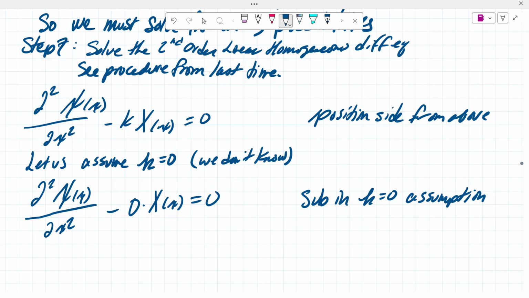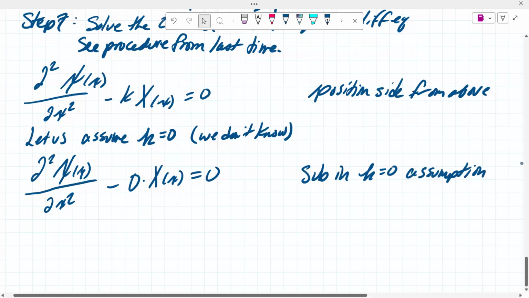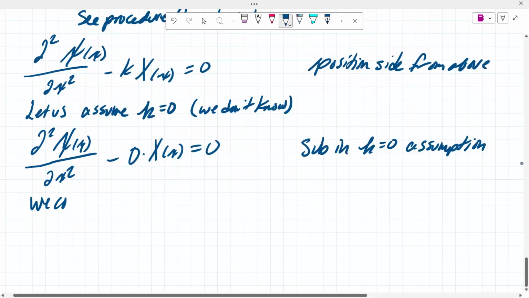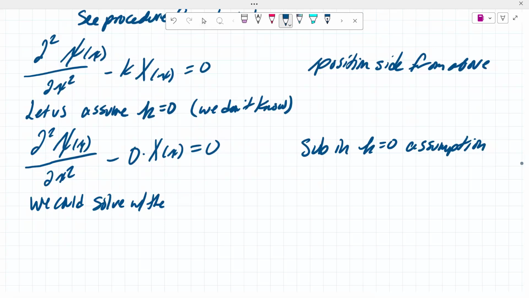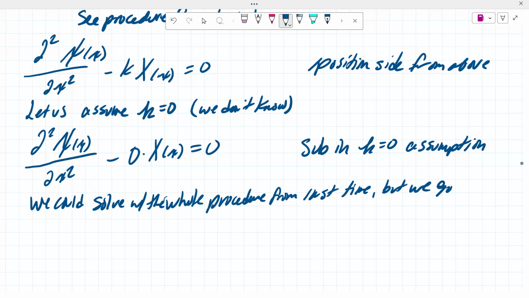This is actually pretty simple, so we could solve it with the whole procedure. Last time we got lucky and it's simple, so we can take a shortcut and just integrate.